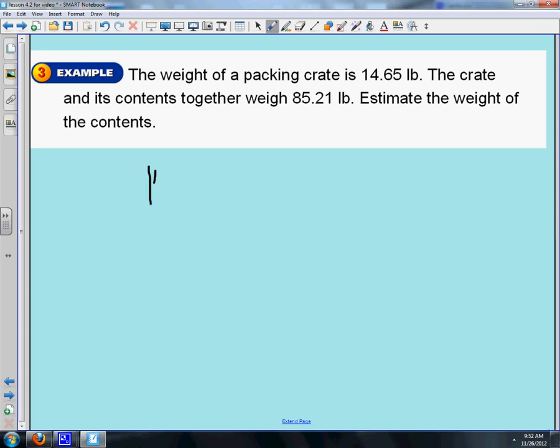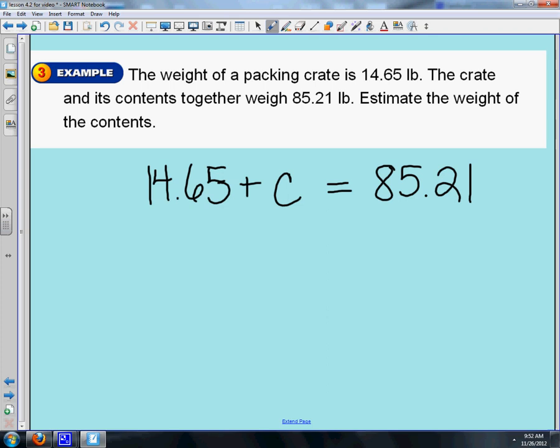So the crate or the box weighs 14.65. Then I have to add it to my contents, and that equals 85.21. So I need to figure out, what did they put into the box, the contents. Is it DVD players? Is it bricks? Is it pillows? Whatever, all those things weigh different amounts.